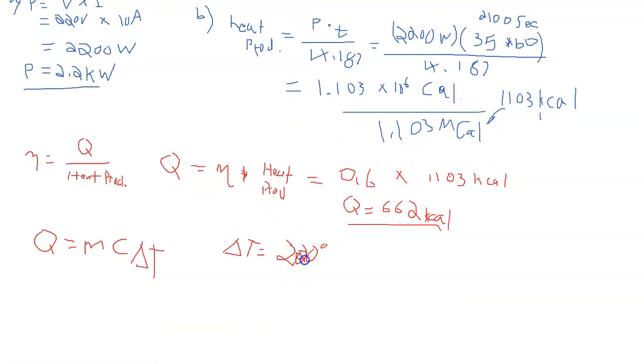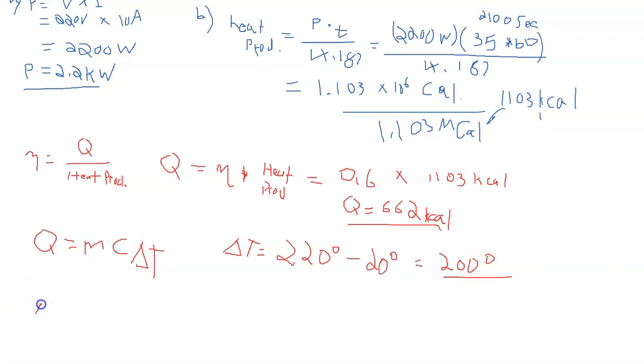Oh, wait, no. Let me fix that. I'm getting a bit ahead of myself there, I think. Okay, so go back to 220 degrees, subtract 20 degrees, or, of course, 200 degrees is delta T.